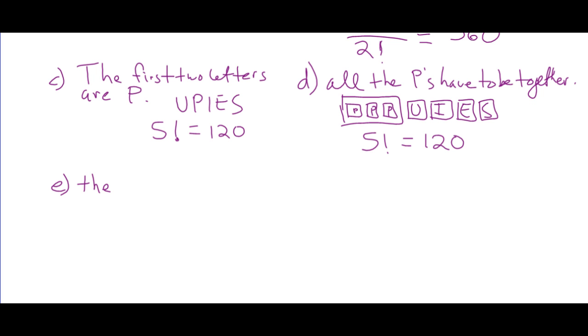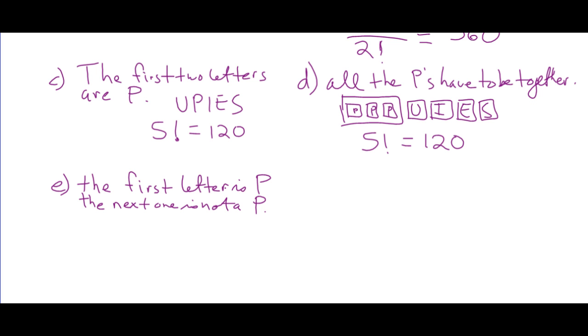Okay, so now we're saying the first letter, only the first letter, right? The first letter is a P, and the second one is not a P. The next one is not a P. Okay, how are we going to treat that?